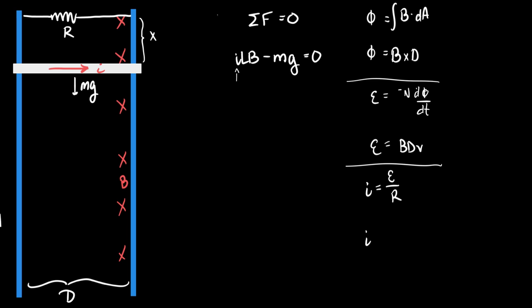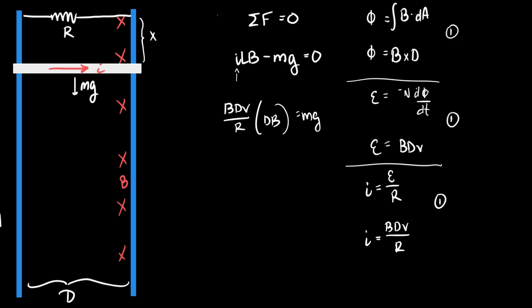I found I equals BdV over R, and then plug that back into the force equation. So just to get the terminal velocity: flux, EMF, Ohm's law, 3 points minimum, a net force equation, 1 point minimum, substitution probably, and solving for V. So they could just ask that one question, and I think it's easily 5 points, right?